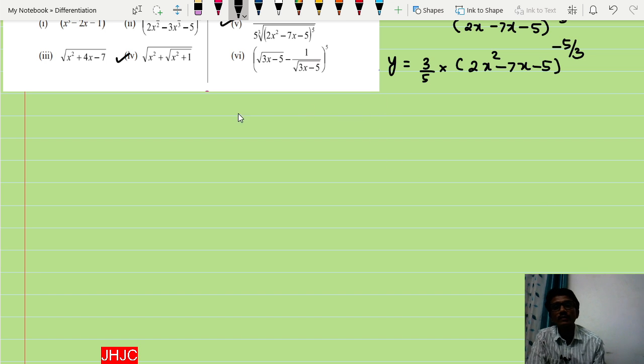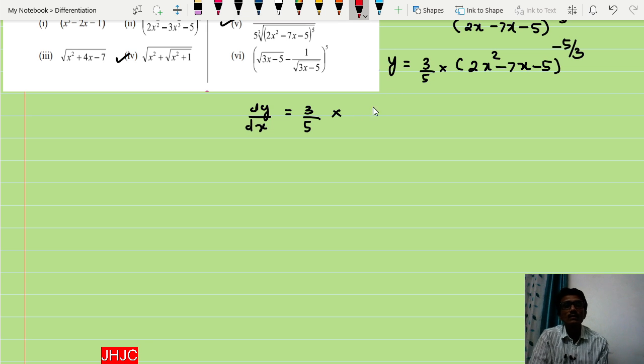So what will be the derivative? dy by dx is equal to, differentiating with respect to x, this 3/5 is constant. Here this derivative will be minus 5/3. Here the derivative of u raised to power n is n u raised to power n minus 1 into du by dx.